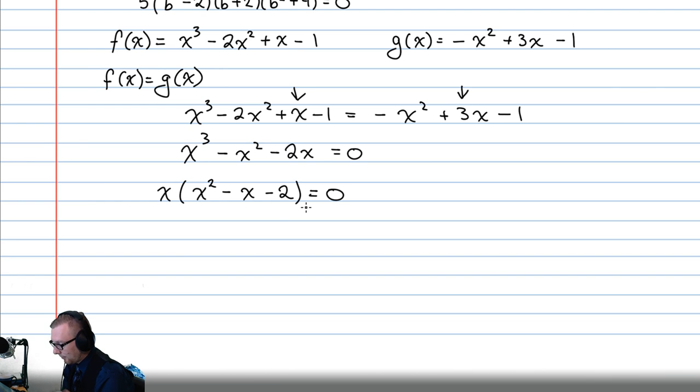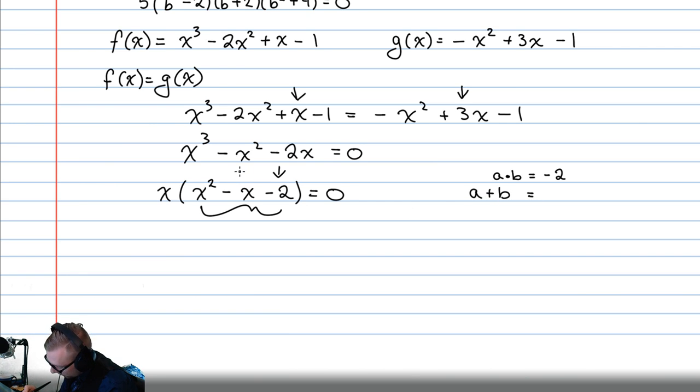When it comes to factoring this quadratic equation, remember that you want to find two numbers, a times b, that equals the last one, negative 2. But you also want those two numbers, a plus b, to equal the number in the center, negative 1.